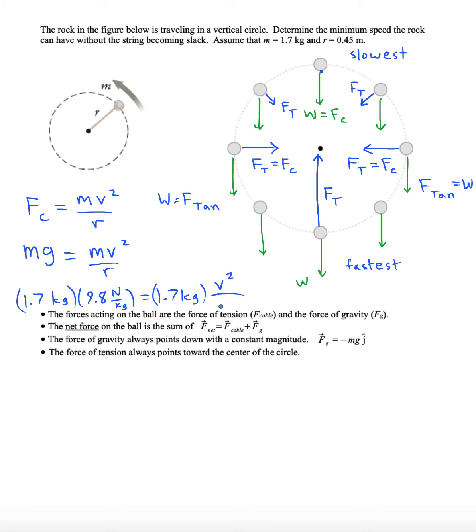And then our radius was 0.45 meters. We need 2.1 meters per second at the peak.